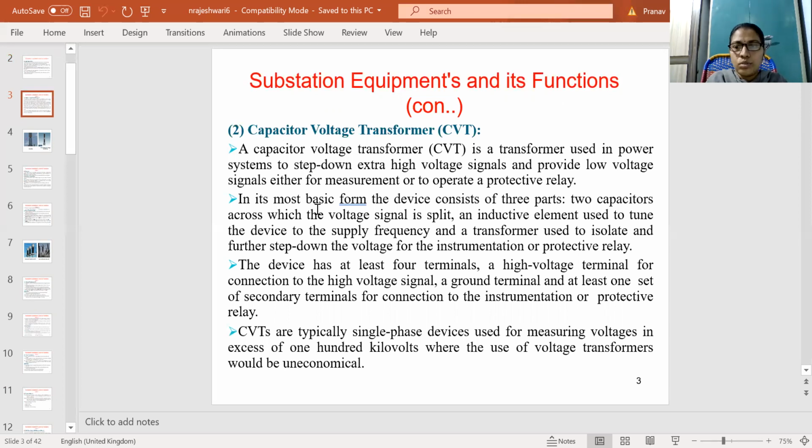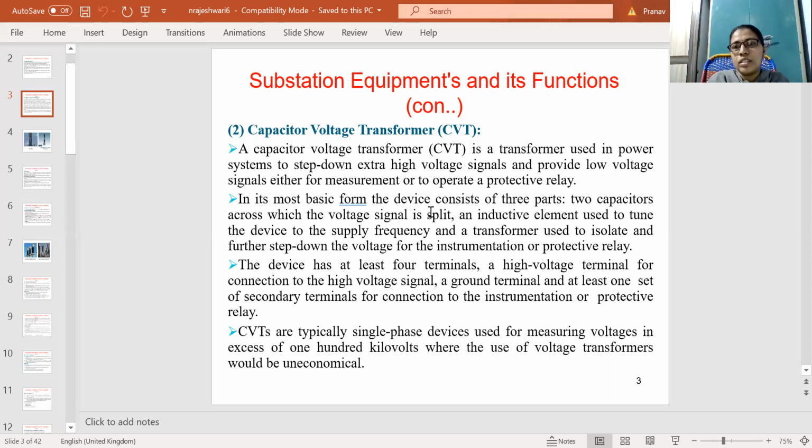In its most basic form, the device consists of three parts: two capacitors across which the voltage signal is split, one inductive element used to tune the device to the supply frequency, and a transformer used to isolate and further step down the voltage for the instrumentation or protective relays.